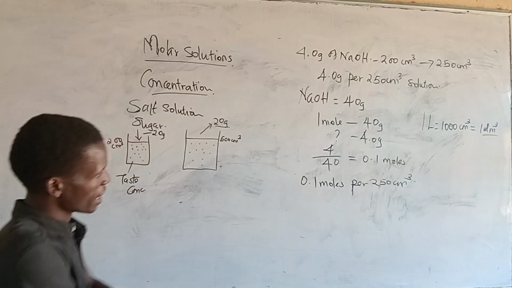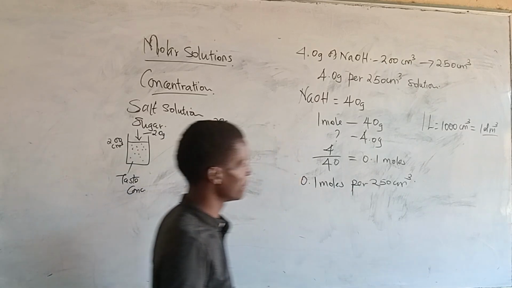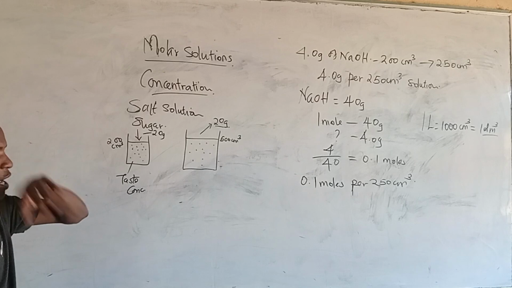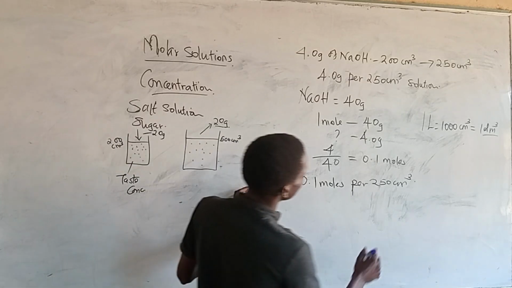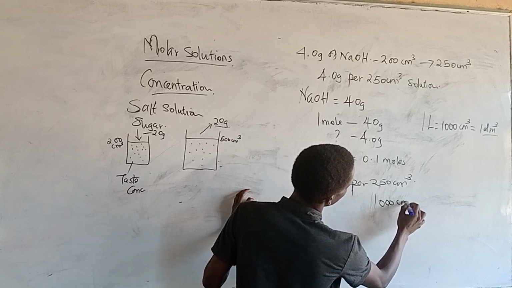We have 0.1 moles per 250, and we want to give molarity, so we ask ourselves, what about in 1,000 centimeter cubed?